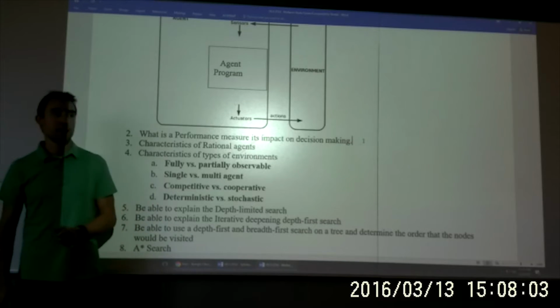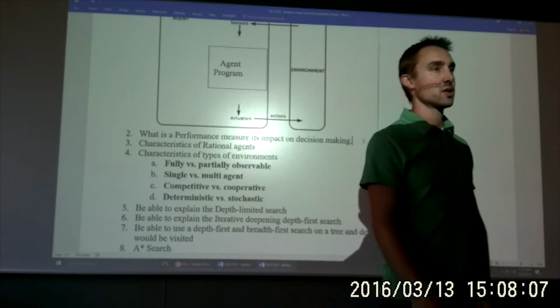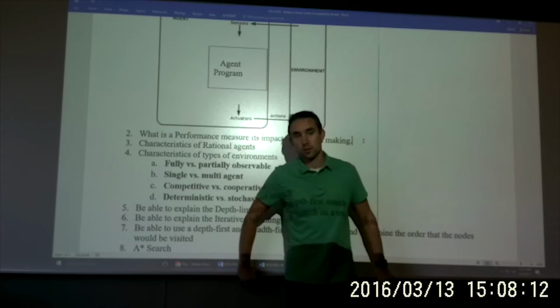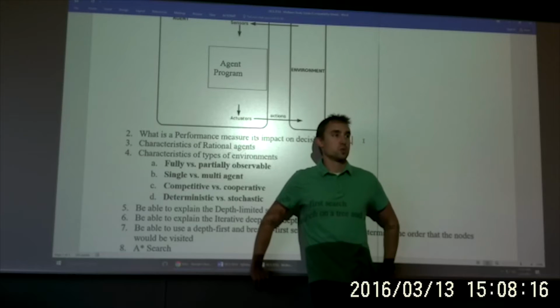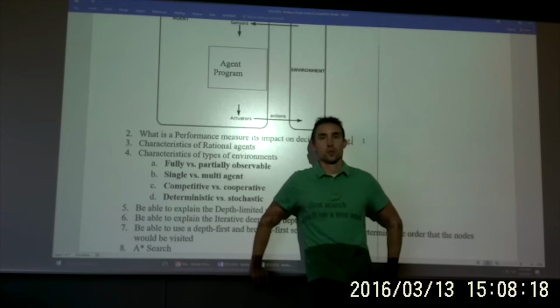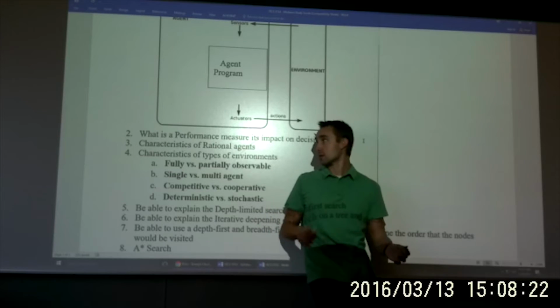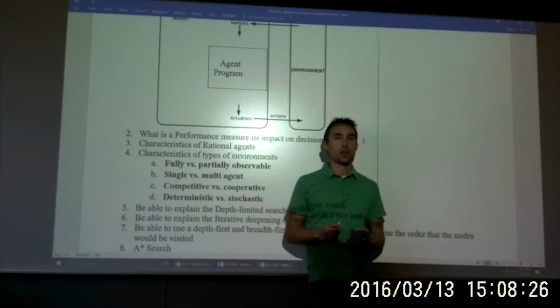Rational agents, fill in the blank, always do the right thing. Very good. Rational agents always do the right thing. Well, we might disagree on what the right thing is, so what basis do we use to establish what the right thing is? Performance measure. The right thing is defined by the performance measure.